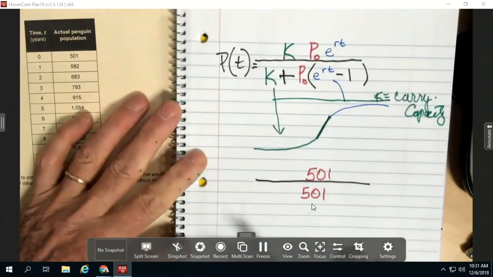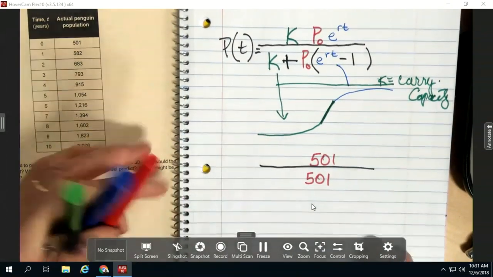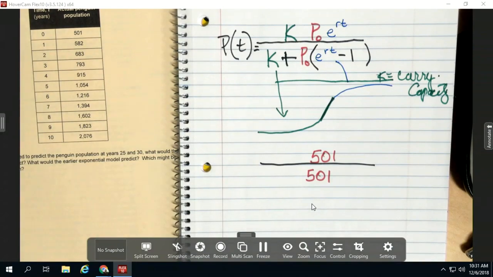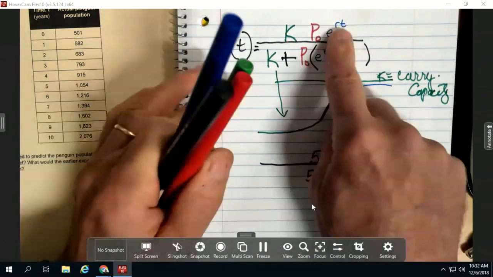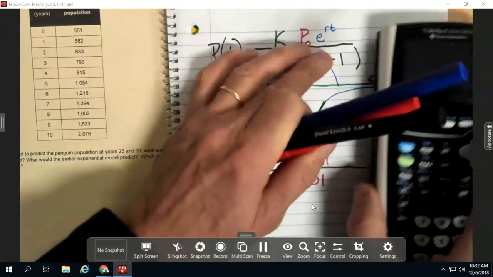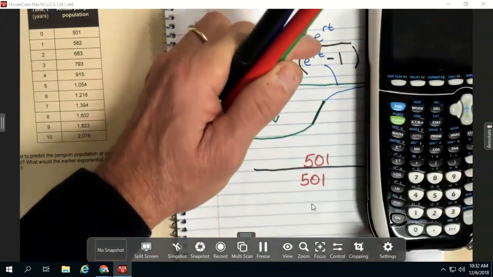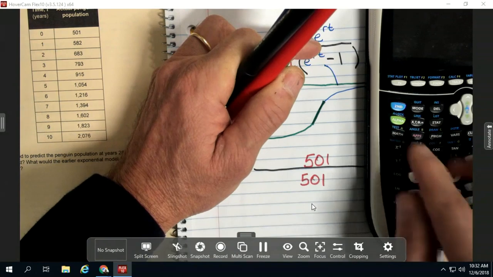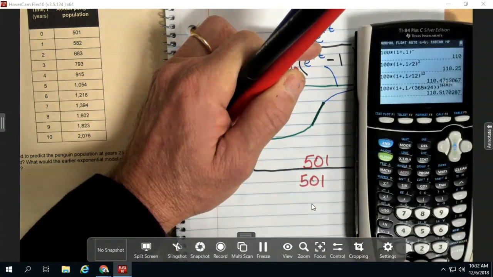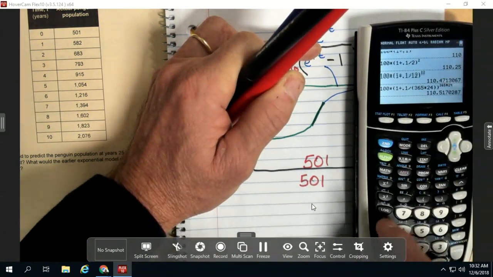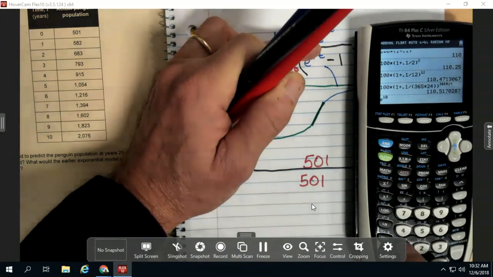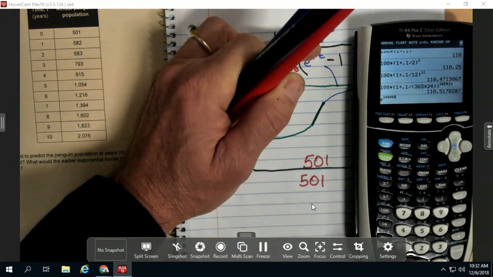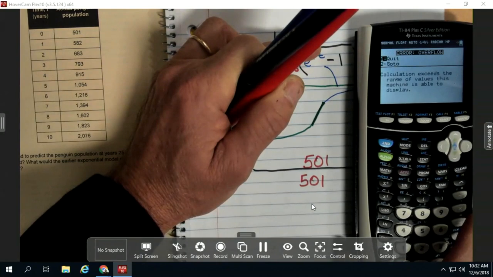So the easiest way to do this would be to take the rate times the time. And let's say the time is really big, like let's say 1,000,000. So if we took e to the million, 1, 2, 3, 4, 5, 6.